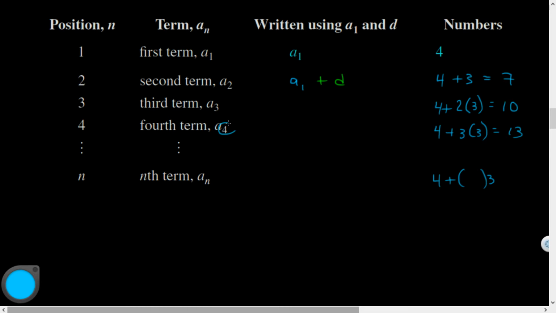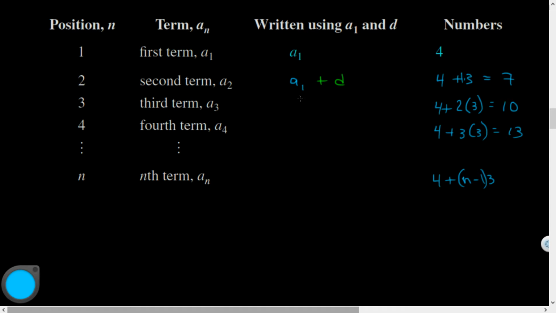Well, when I was finding the fourth term, I added 3 3s. When I was finding the third term, I added 2 3s. When I was finding the second term, I added 1 3. So it appears as though the number of 3s I add is always 1 less than the number of the term. So for the nth term, the number of 3s I'm adding is n minus 1.